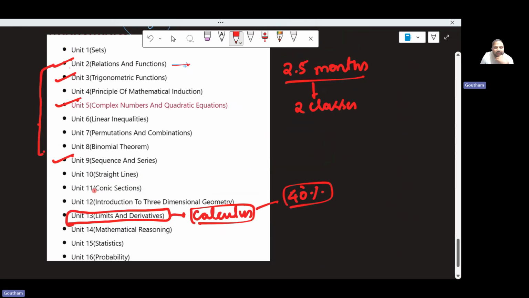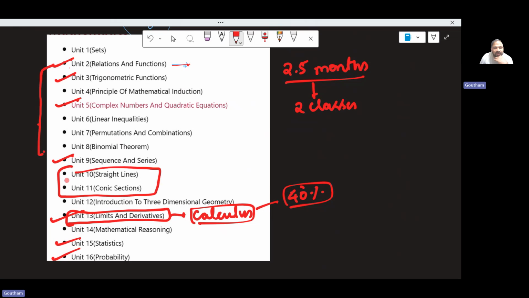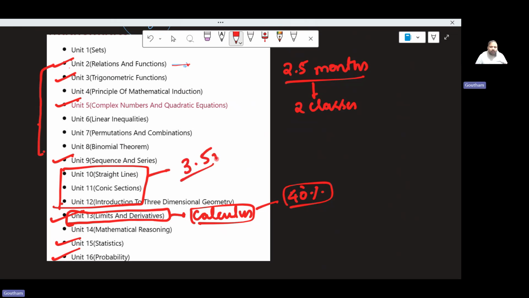Then comes statistics, probability, and then the geometry part. These three chapters will take another 3 to 3.5 months. Then there are smaller chapters. Permutation and combination is very important, but it is a standalone chapter.